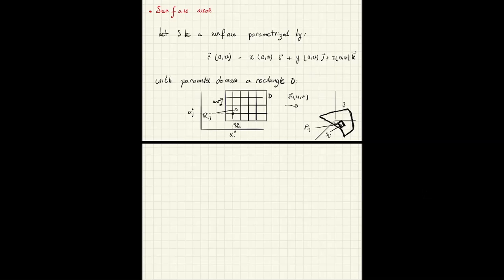Okay, so we divide these rectangles into small rectangles. Now, what is this surface area? The surface area of S is, you take all of these small areas, maybe it's better if I just take the area of this one.